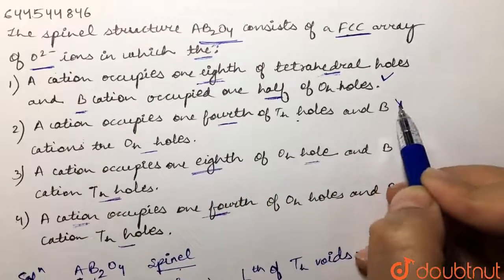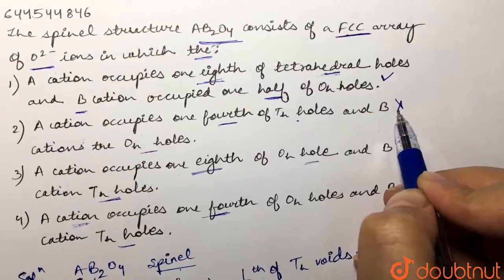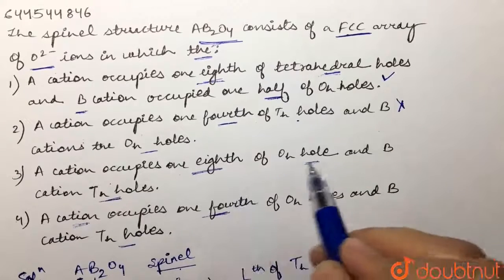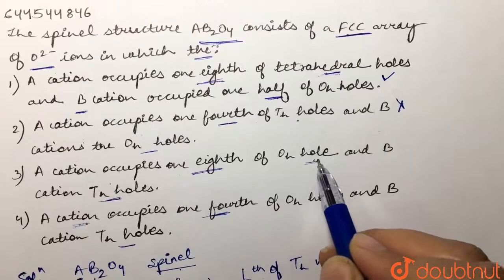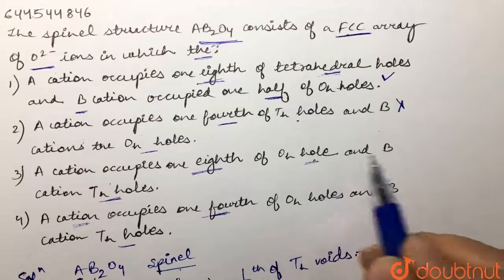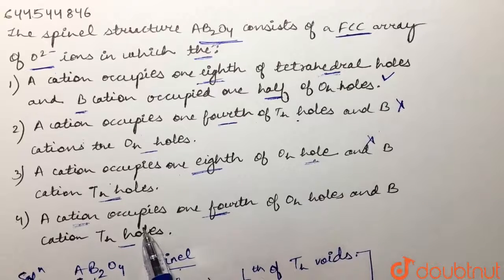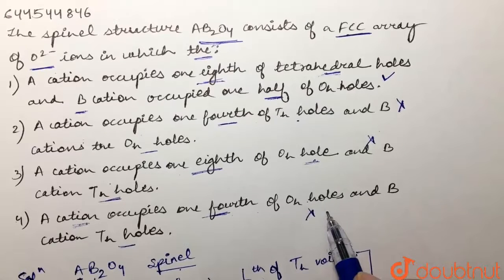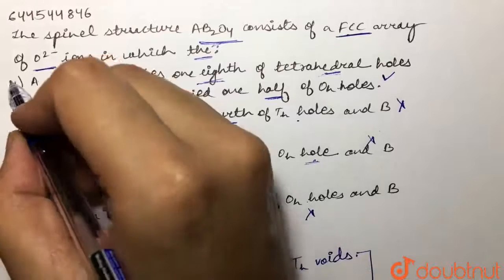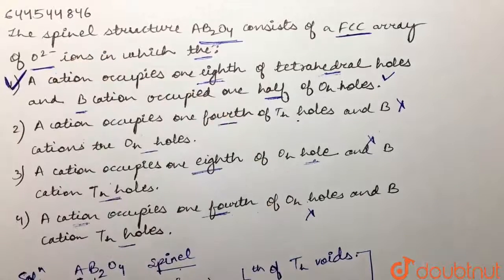This is not correct because we have 1/8. Then they are saying A cation occupies 1/8 of the octahedral hole. That is again not correct because we have tetrahedral voids for A, right? So this is also not correct. A cation occupies 1/4 of the octahedral holes. That is also not correct. So the only correct option for this question is option number 1. So our answer to this question is first.